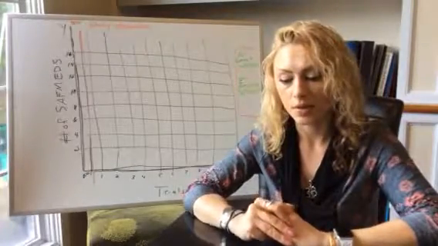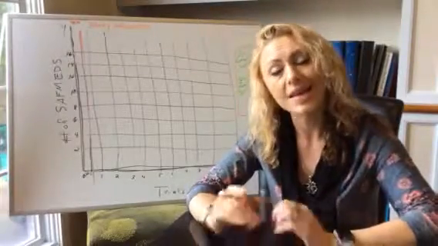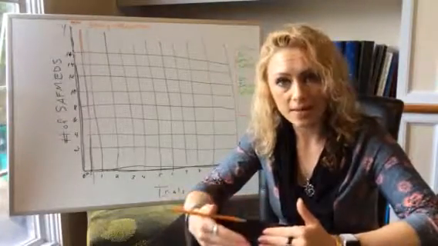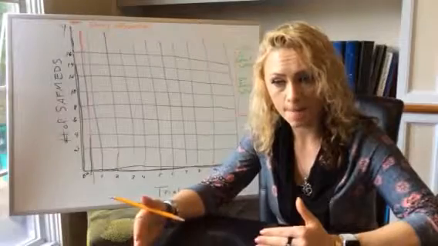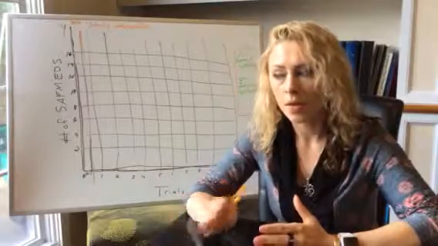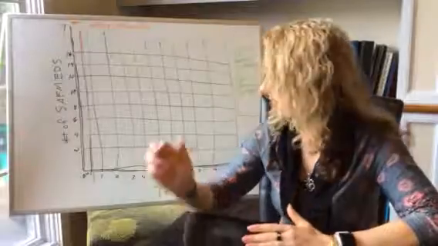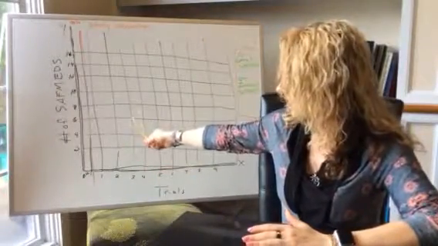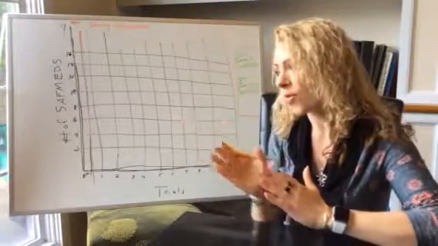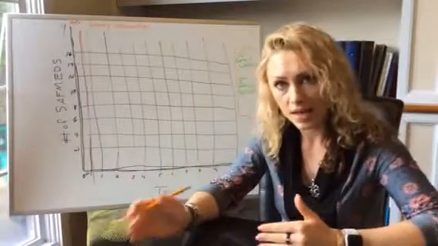Okay. The third most important part to visually analyzing a graph is trend. Trend comes from analyzing a behavior across time and seeing to what degree the ratio of the x over y, or the trend or increase or decrease in our behavior is going.